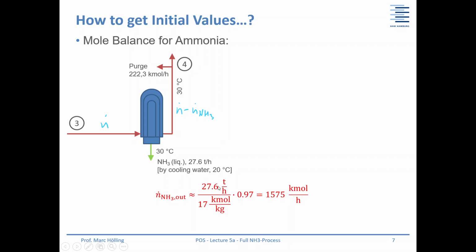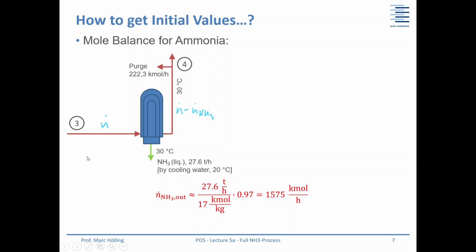This is approximately the mass flow divided by the molar weight, and then we have a purity of 97%, so we can calculate that the ammonia leaving the system is something in the range of 1575 kilomoles per hour.